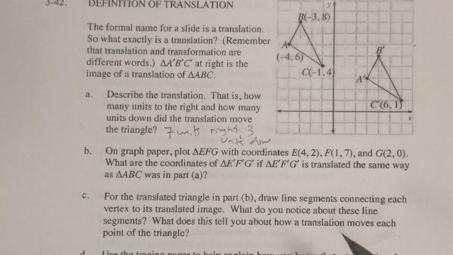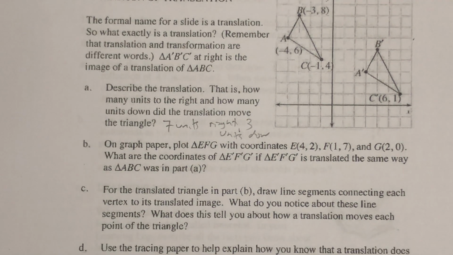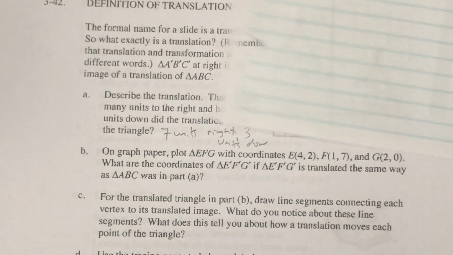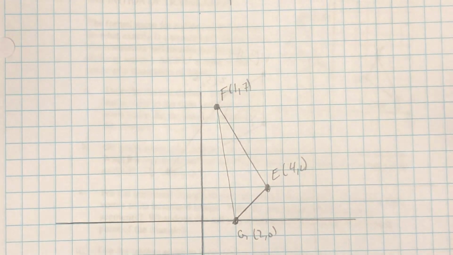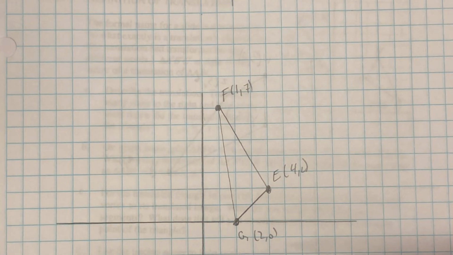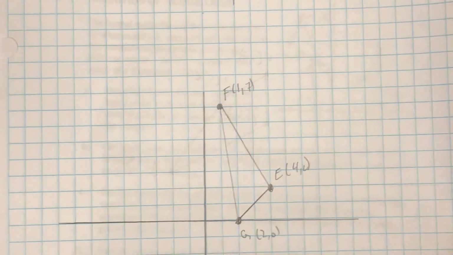We're going to plot (4, 2), (1, 7), and (2, 0) onto our graph, and I've already done so right here. F was (1, 7), E was (4, 2), G was (2, 0).